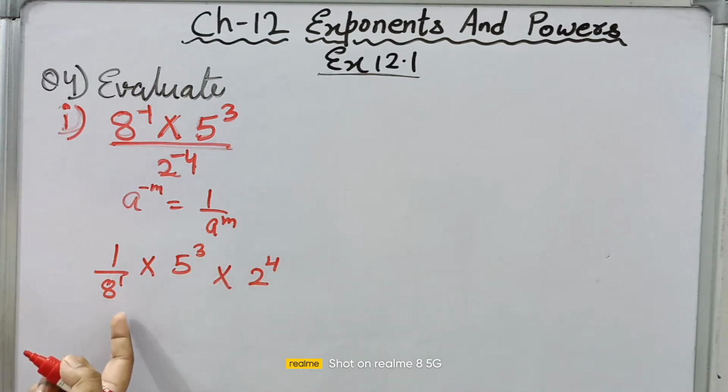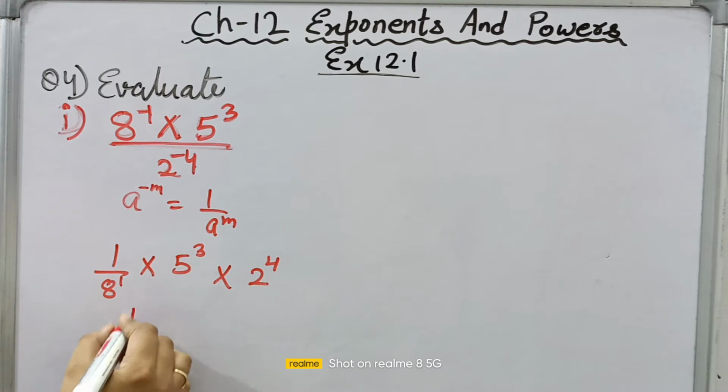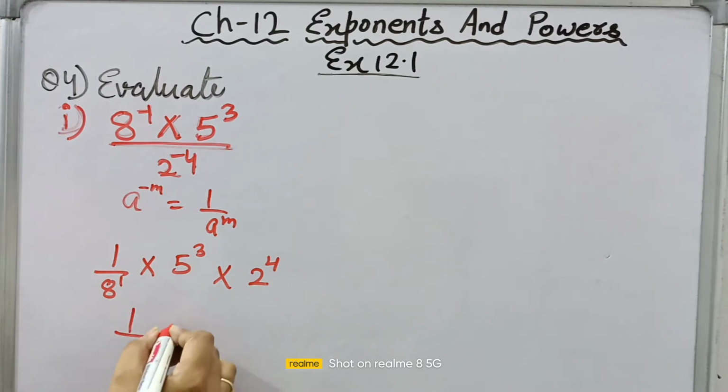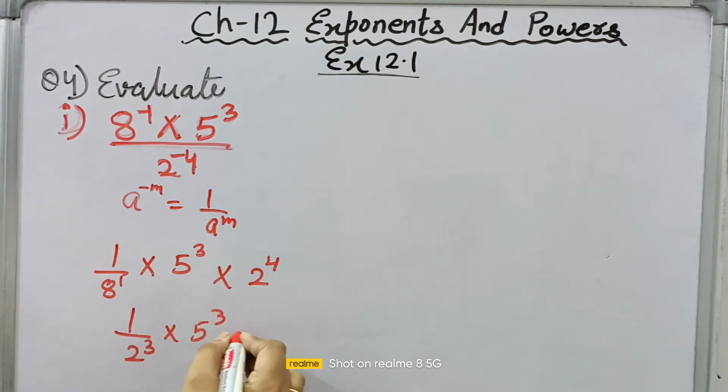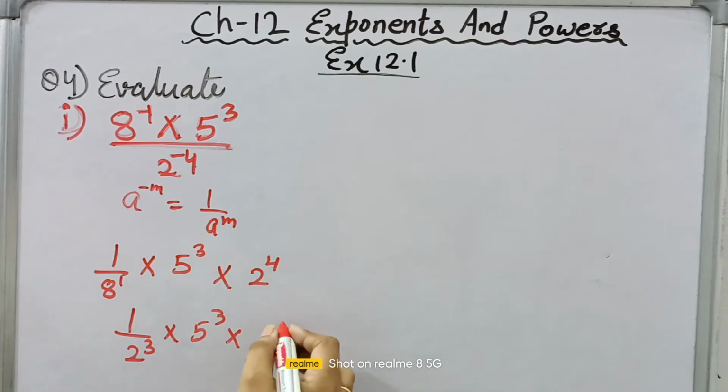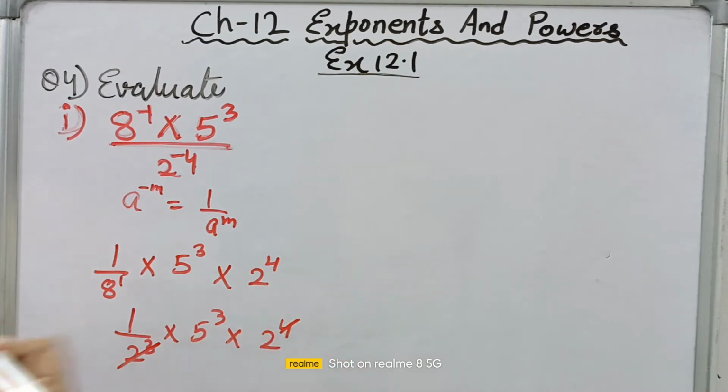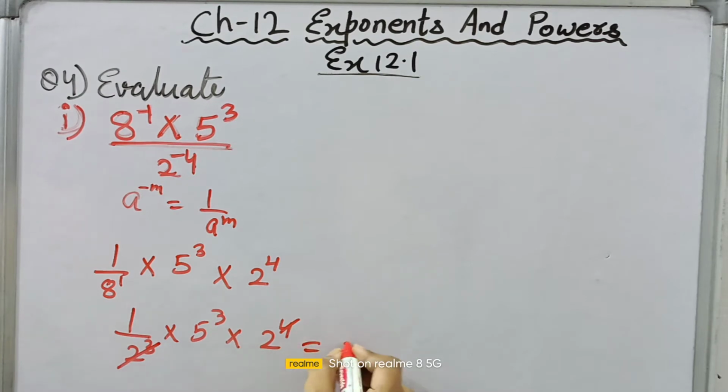Now we know we can write 8 as 2 raised to the power 3, and here we have 2 raised to the power 4. So we can cancel out this 3 and this 2 will remain with us. We can write it as 5 raised to the power 3 multiplied with 2.